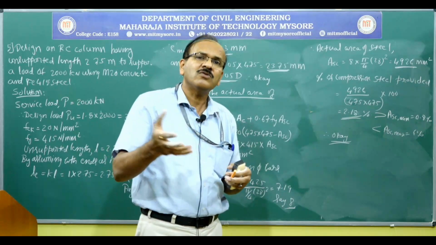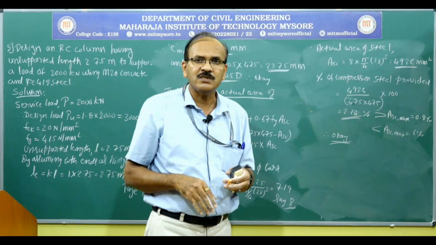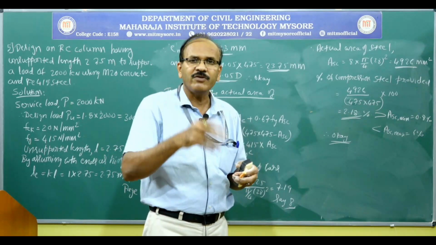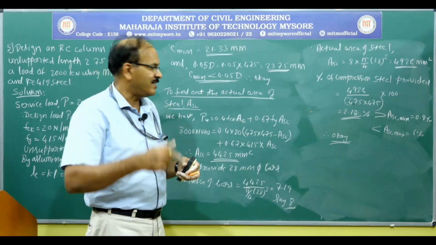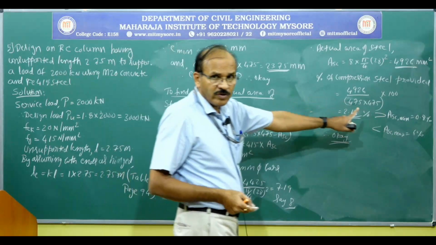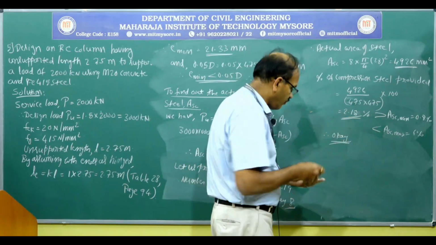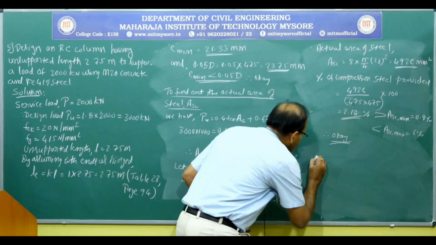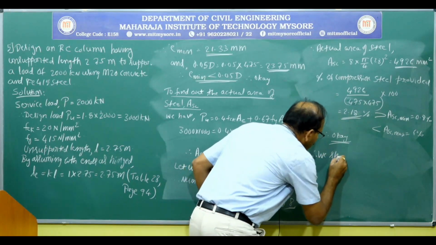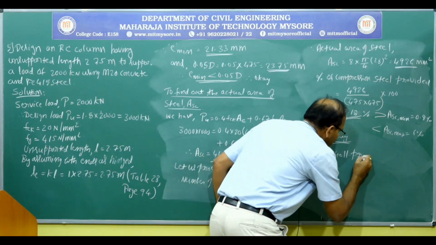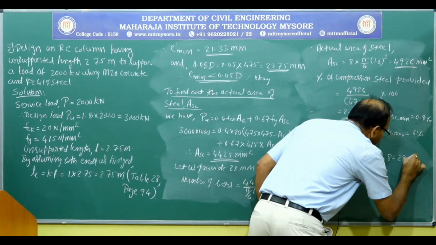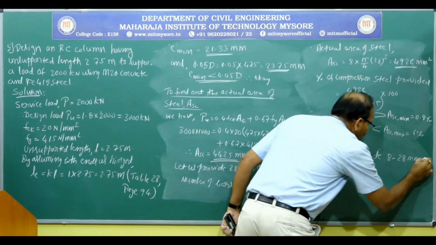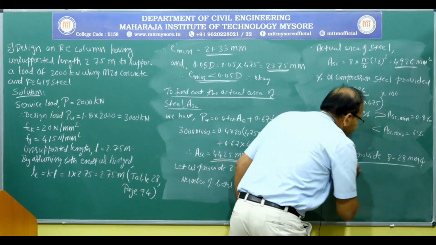That is, find out what is the new area of compression steel required. So what are the new dimensions, and just basically you need to revise the design. Okay, here we are okay. Therefore we shall provide 8 bars of 28 millimeter dia.